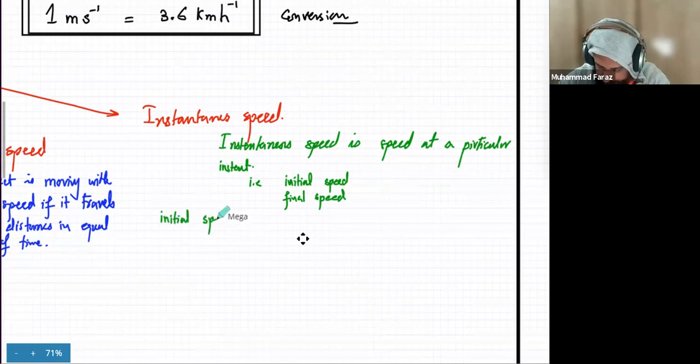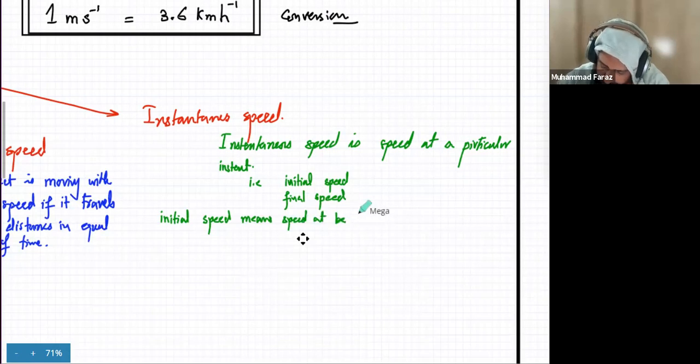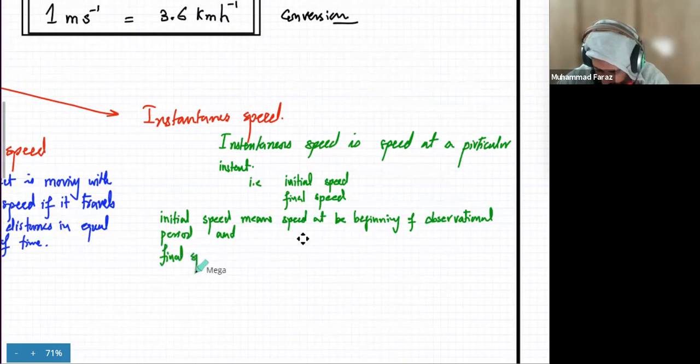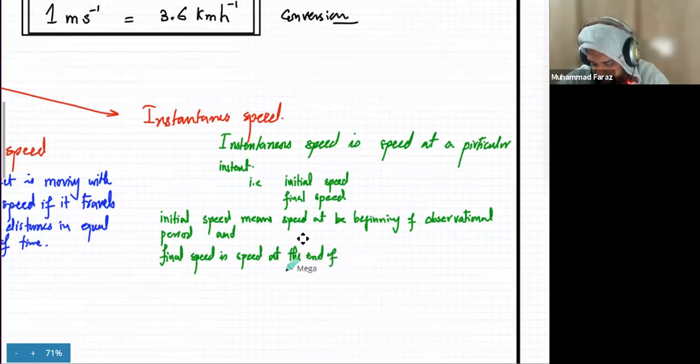Initial speed means speed at the beginning of the observational period, and final speed is speed at the end of the observational period.